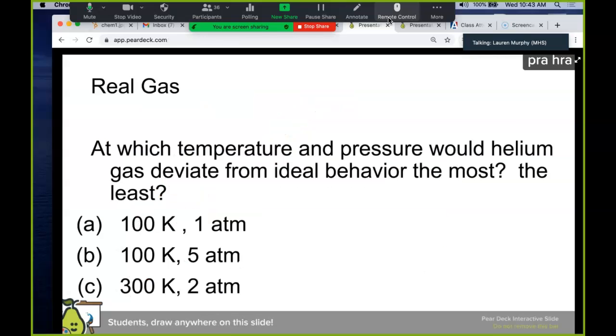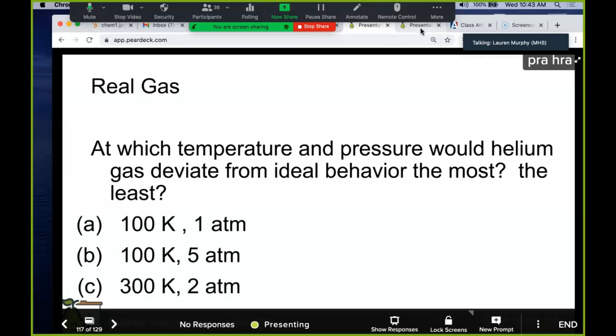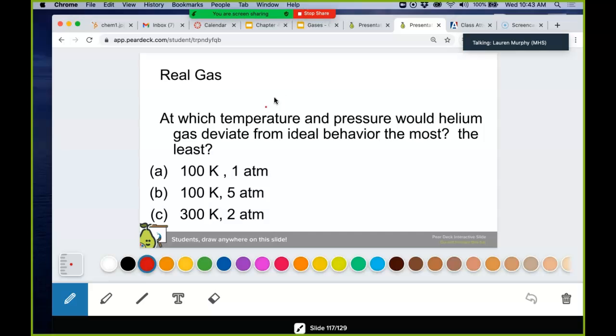So if I were to have you pick at which temperature and pressure would helium gas deviate from ideal behavior, so deviate's going to mean to be least ideal, like not as good. Which of these sets of conditions is the least ideal? Well, if you know what most ideal is, least ideal is just the opposite.